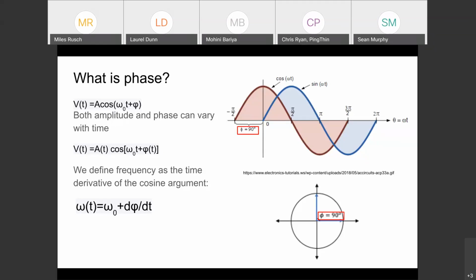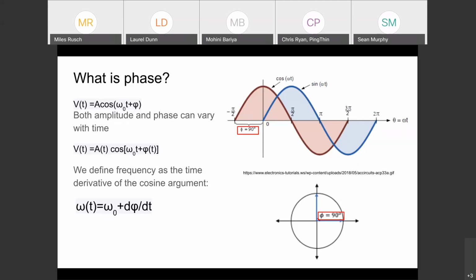So for that case, we'll add some complexity to our functional form of the voltage waveform, and allow the magnitude to vary with time, which Mohini illustrated in her talk with voltage sags. And we also will allow this phi term in the argument to vary with time.